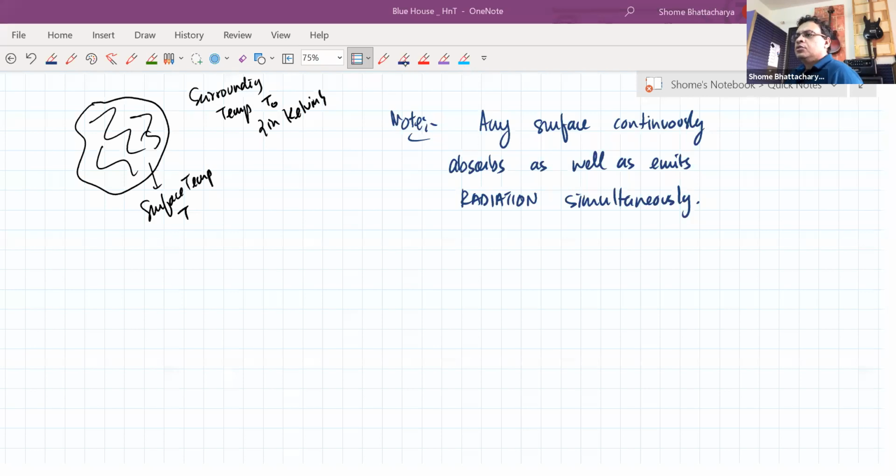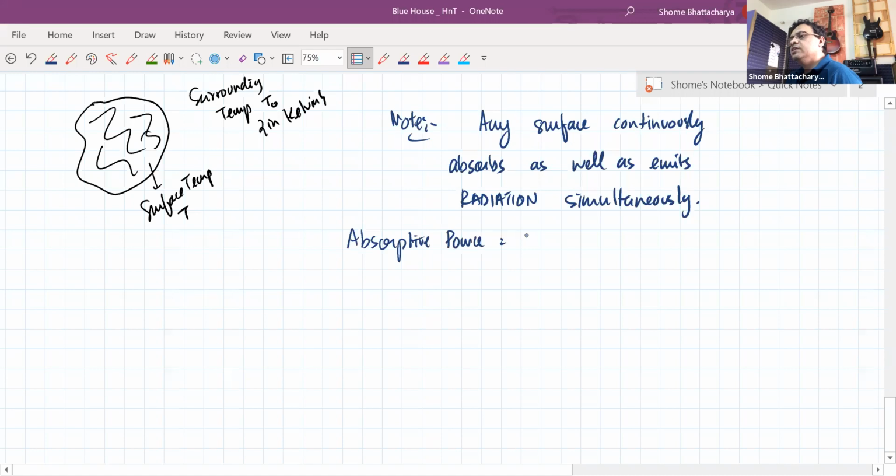Okay, so the surface has something called absorptive power. Just like it has emissive power, it has absorptive power, which is generally denoted by the symbol capital A, absorptivity.